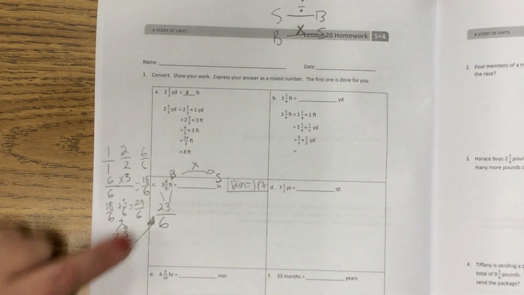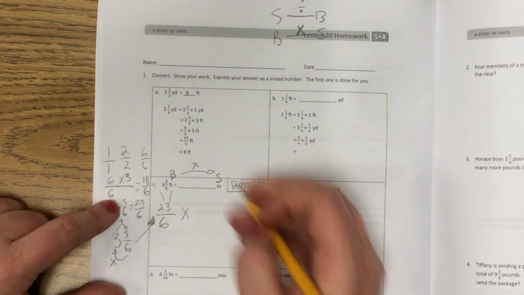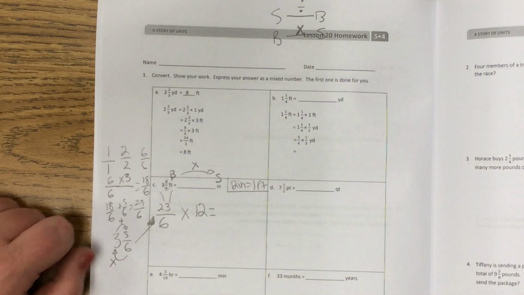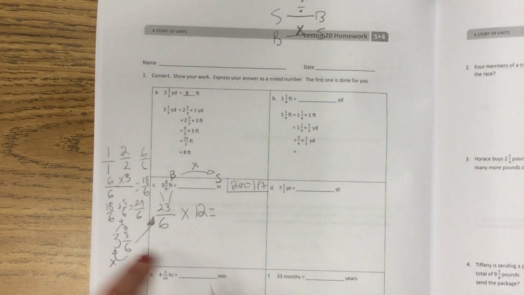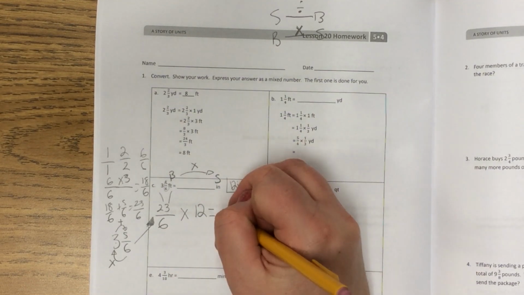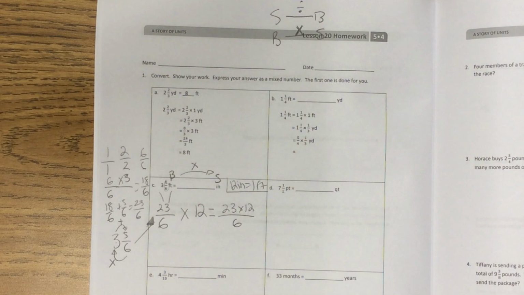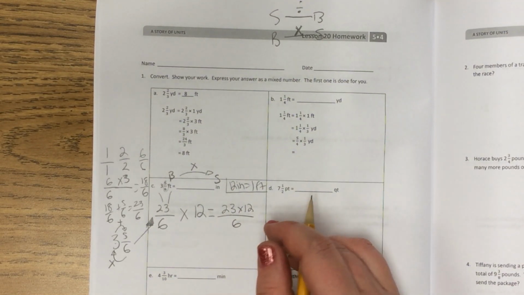So now I can do my conversion. I have 23 sixths, and I'm going to multiply it by 12. Well, flashback to lessons ago where we multiplied a fraction by a whole number. 23 sixths times 12 is the same thing as saying 23 times 12 over 6. You can simplify, or you can multiply straight across.